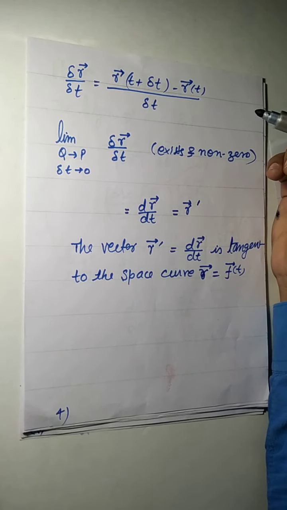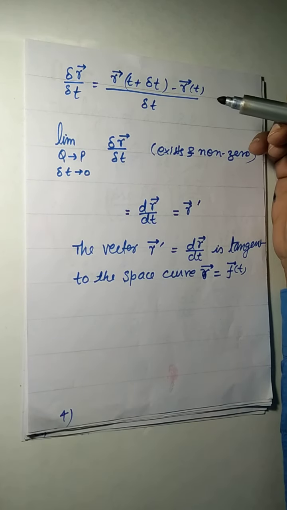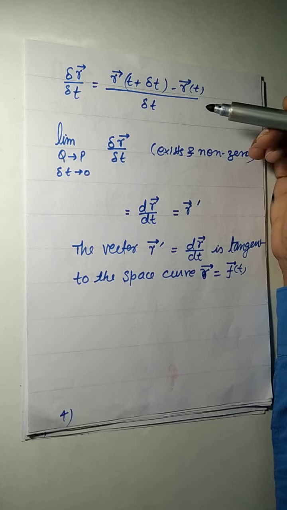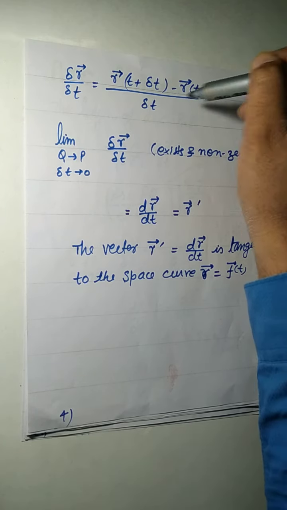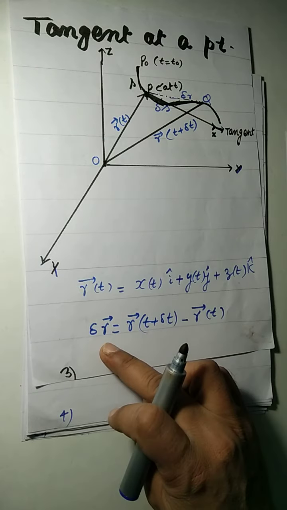Delta t is a scalar, and therefore delta r upon delta t will be this one, because delta r equals this.